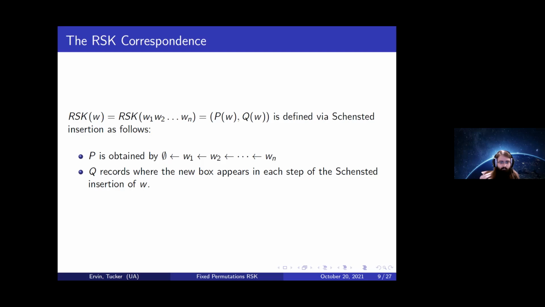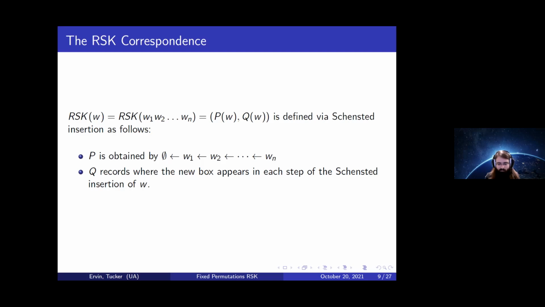And with that, once we have that, we record where each new cell was created. So whenever a new box appears, we put that same box in the Q tableau and fill it with the step that we are on.